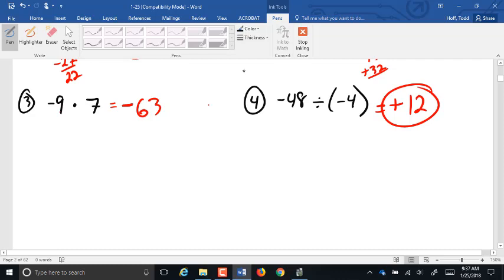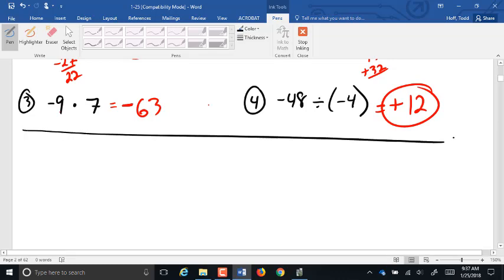Now, if you're going to use your calculator to do the integers, most of your calculators you cannot use the subtraction key to enter the negative. Some of your calculators will allow you to do that, and sometimes it only allows you to do it in certain situations. Most of your calculators have a negative key that looks like this.